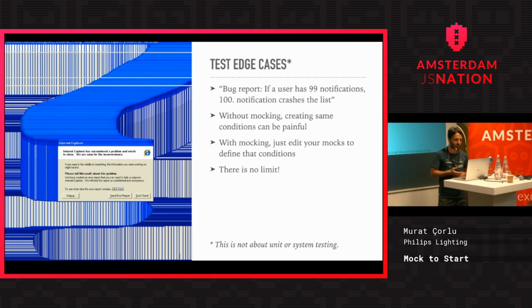But with the mocking approach, it is just editing some JSON files. You can create every kind of problem with just editing your mocks, and you will see the status of your application in that data. Then you can easily see and fix the problem.